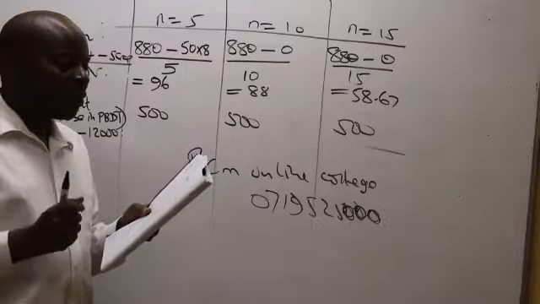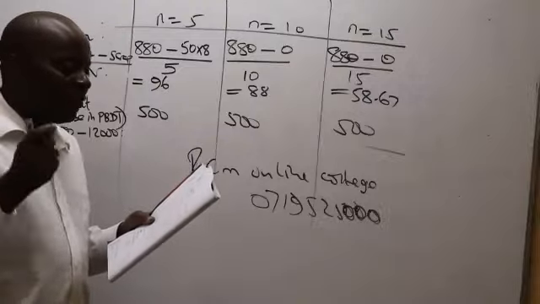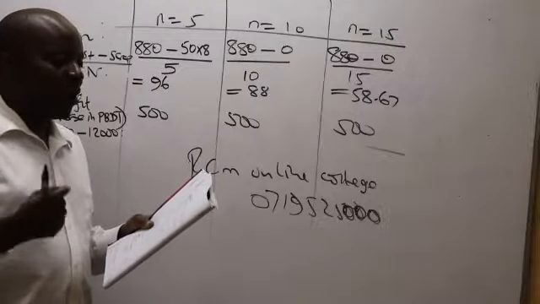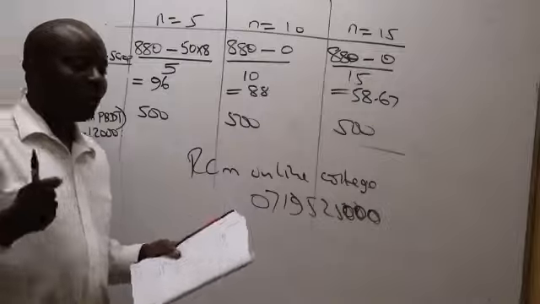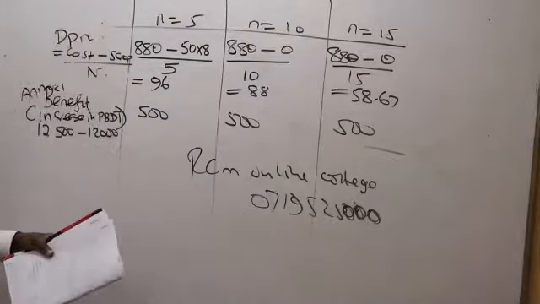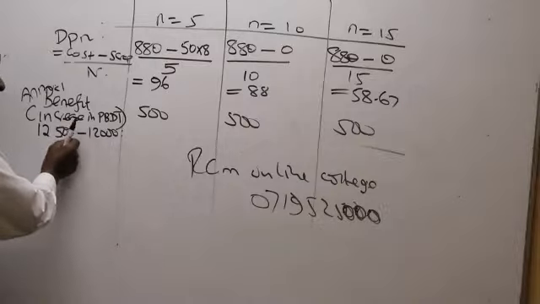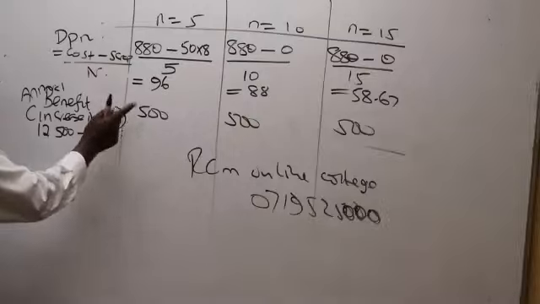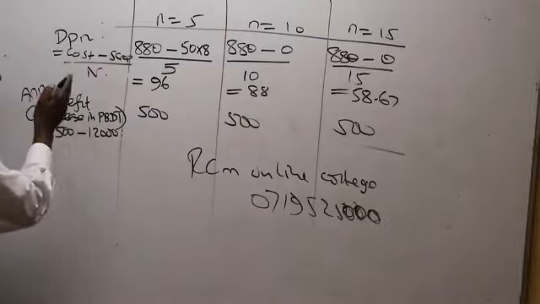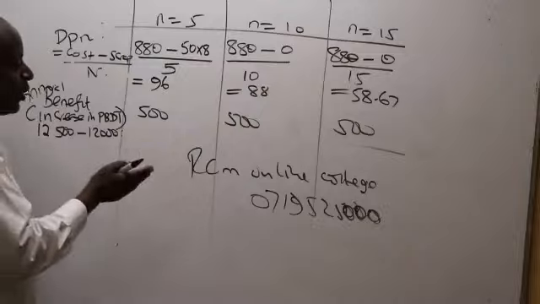Once installed, the computers will increase the company's earnings before depreciation and tax from 12 million to 12.5 million. So we are moving from 12 to 12.5, and the benefit is the difference. It's 500 per annum. Regardless of the number of years, it's 500 per annum.